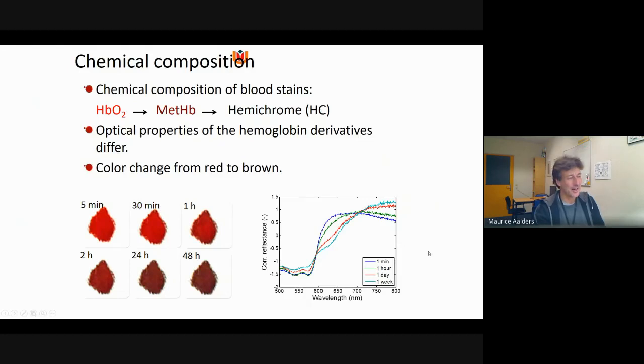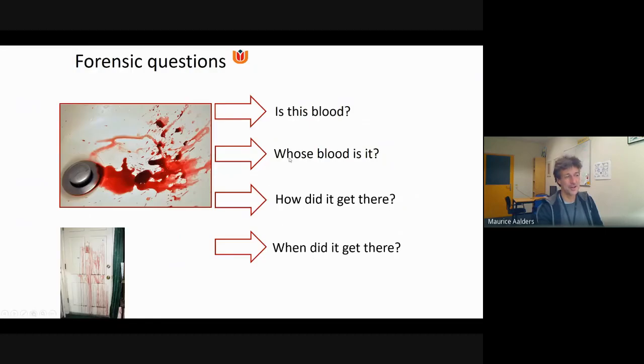And there was at that time no method to measure the time of deposition, which is super important in forensics, because if people find blood on the crime scene, you can get the DNA, then you nail down the person. So that is whose blood it is. It's easy to determine. How did it get there?